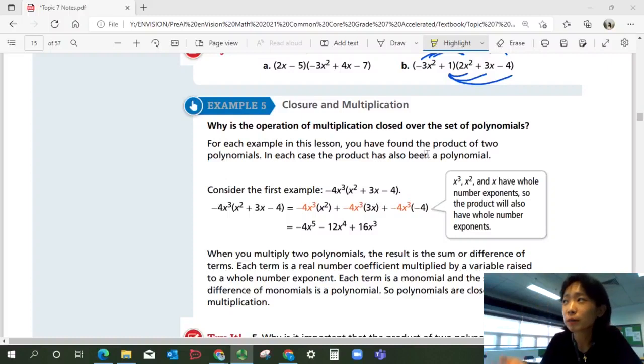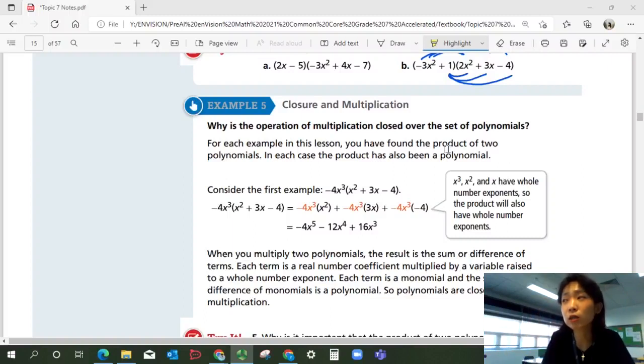What is a closure? Okay, so for each example in this lesson, you found the product of two polynomials. In each case, the product has also been a polynomial. So when you think about the operations of a number system, if you say it's closed under multiplication, closed under addition, closed under an operation, that means the product stays inside the closed boundary of that same type.